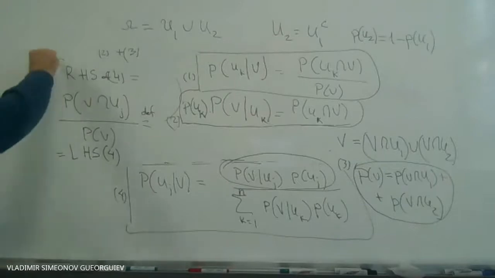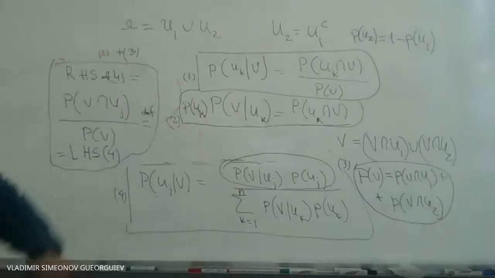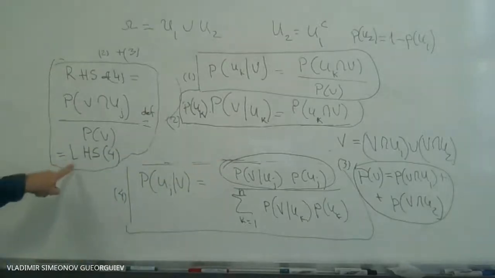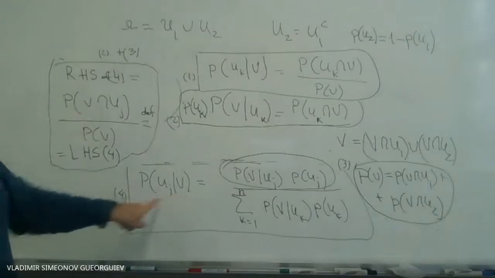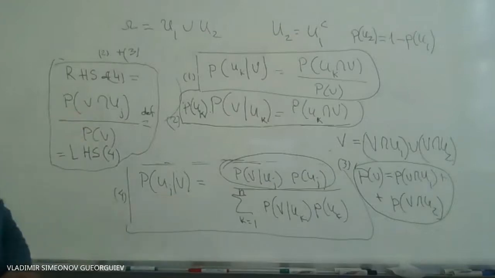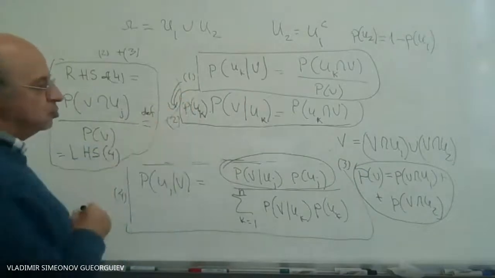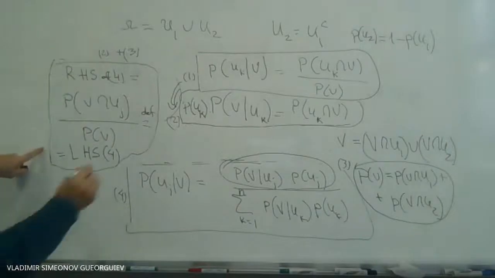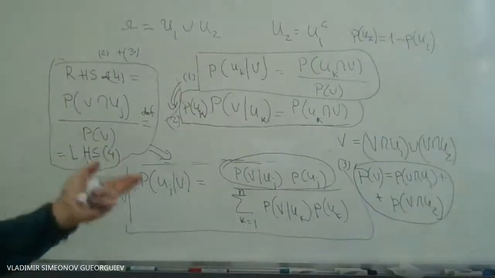Here we have shown that 2 plus 3 practically proves that the right-hand side is transformed into the left-hand side, because this here is exactly the definition of this conditional probability. Let us see the scheme on the blackboard. 1, of course, implies 2. 2 plus 3 implies this relation, and this relation implies what we needed to prove. This is the end of the proof.